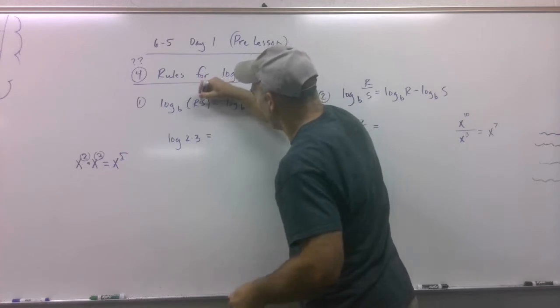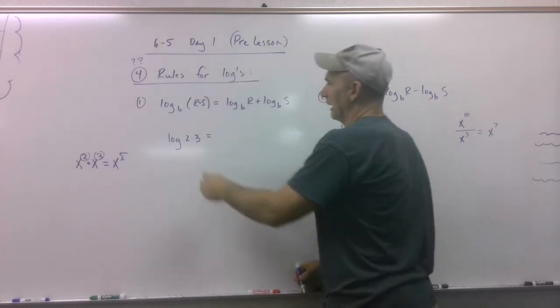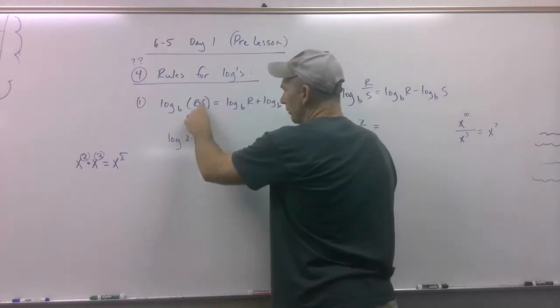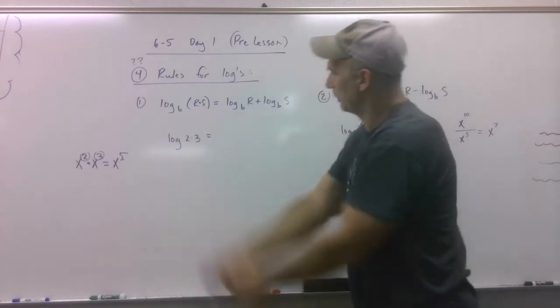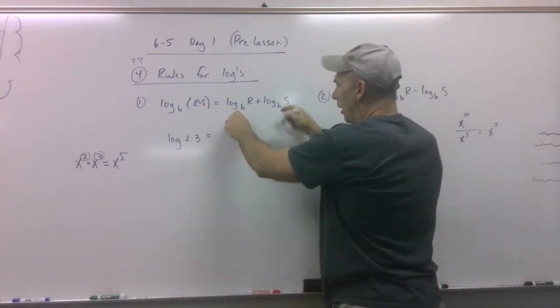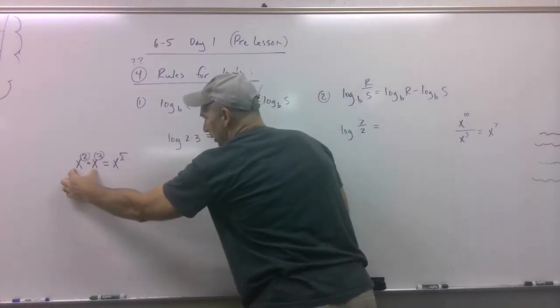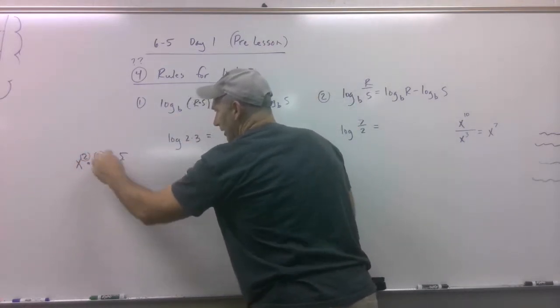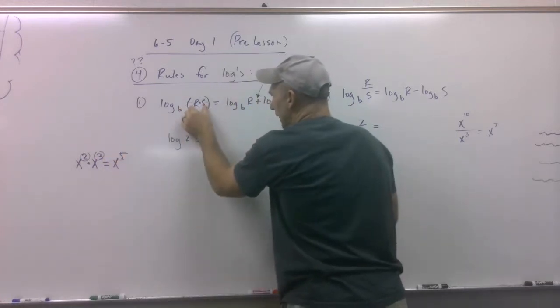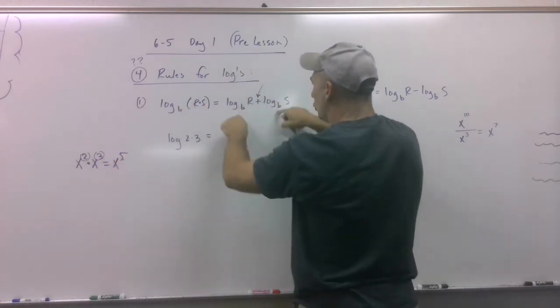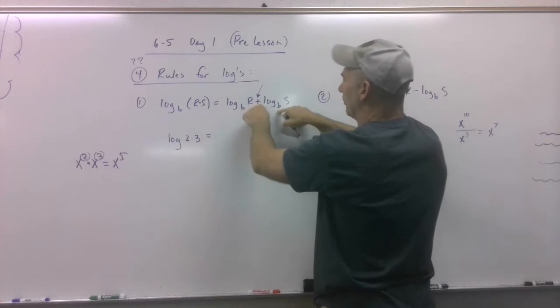Notice how R and S are connected. They're connected by multiplication. Multiplication, strangely, we're going to split it into 2 logs separated by addition. So similar to this, multiplication strangely equals addition. Multiplication strangely splits into 2 logs separated by addition.